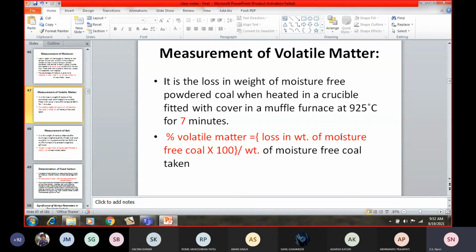You have taken out the moisture, weighed it, heated it in the muffle furnace, and then you determine the difference in weight, multiplied by 100 and divided by the weight of moisture free coal taken. So this will give you the percent volatile matter content.